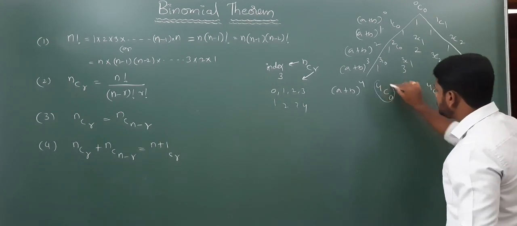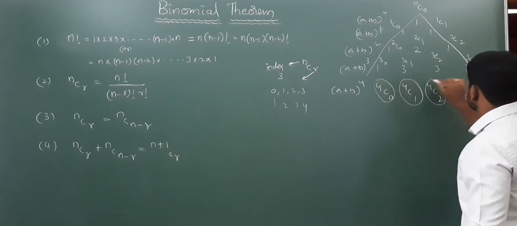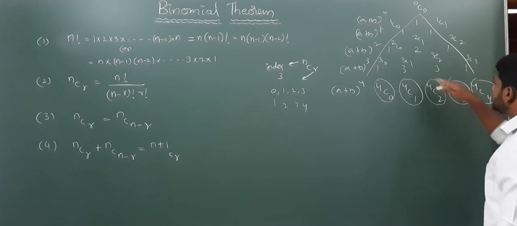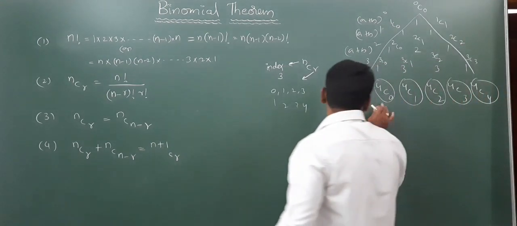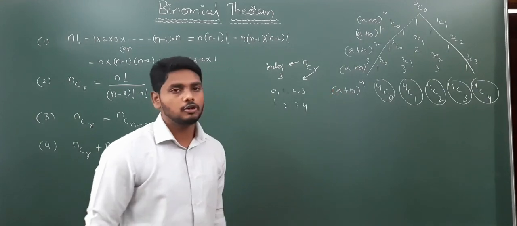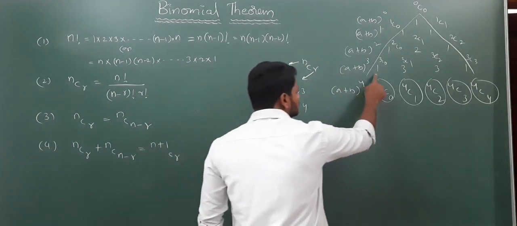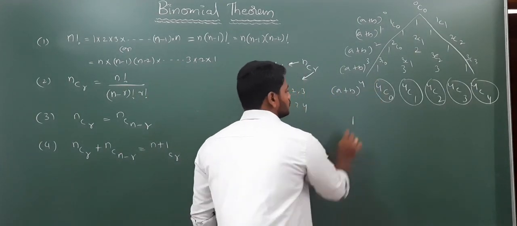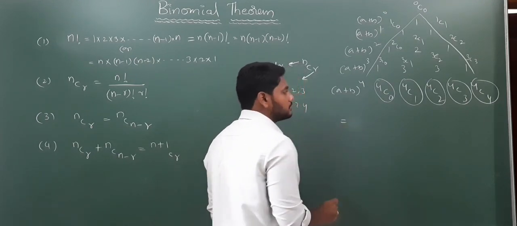So these only will be converted into coefficients. See, what are the coefficients of (a plus b) whole power 4? You know that. So actually, what is the formula of (a plus b) whole power 4?